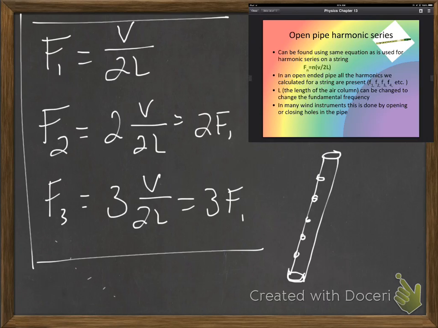When you play something like a recorder, not that any of you would ever do that because clearly it's a horrible thing, if you have all these holes covered, you are creating your wave in the entire length of this pipe. If you uncover a hole, you are now only creating a wave in that length of pipe. So what you're doing is changing the length of the pipe when you open and close the finger holes.